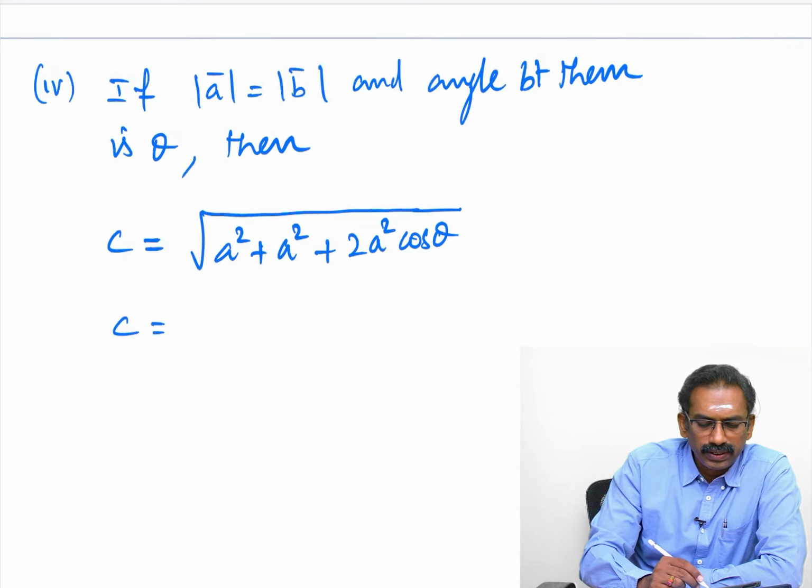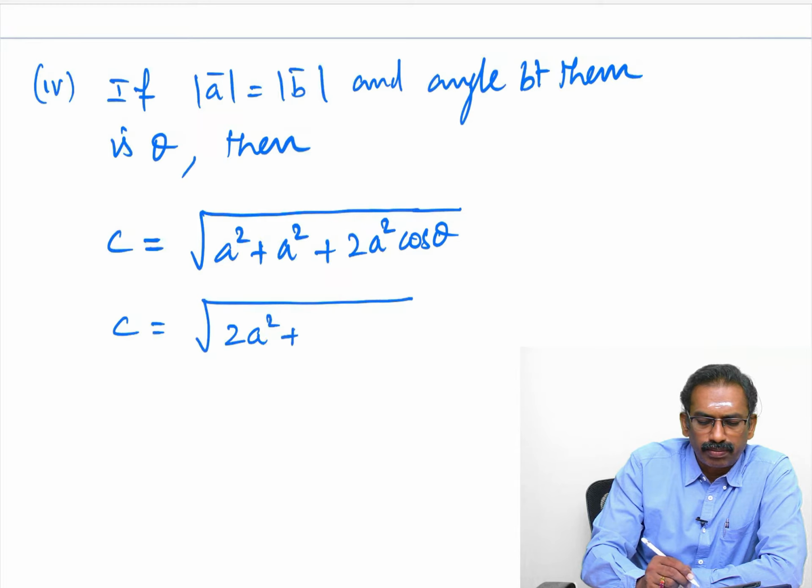C is equal to square root of 2A square plus 2A square cos theta.